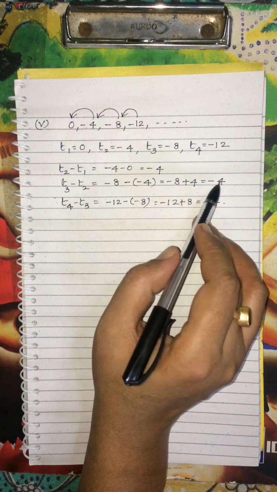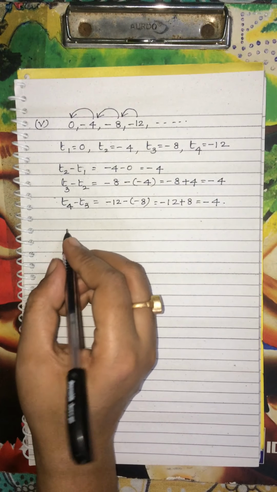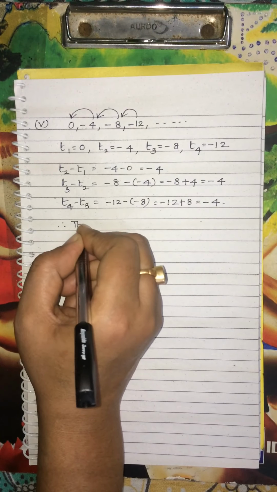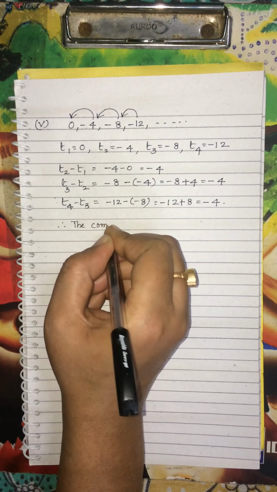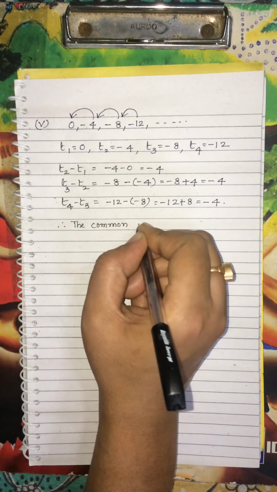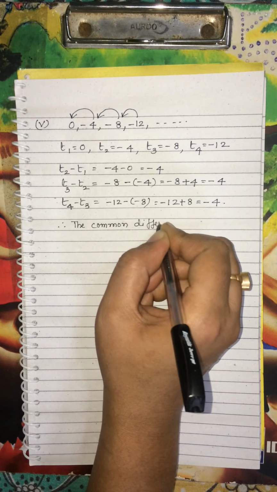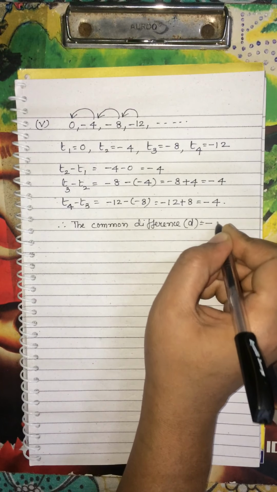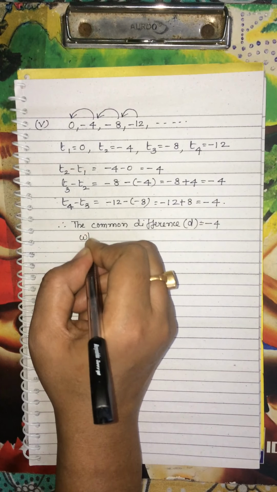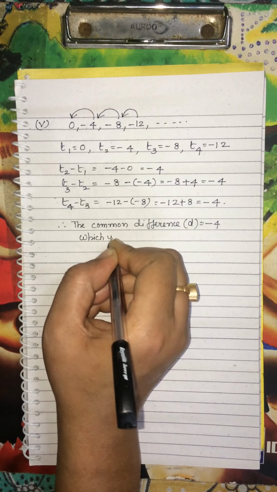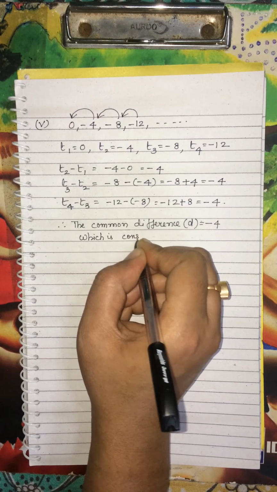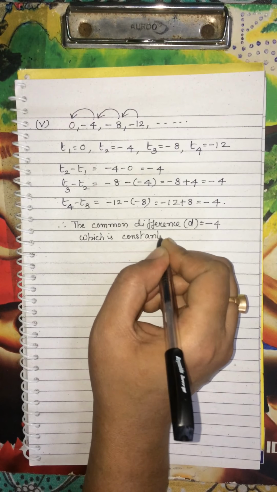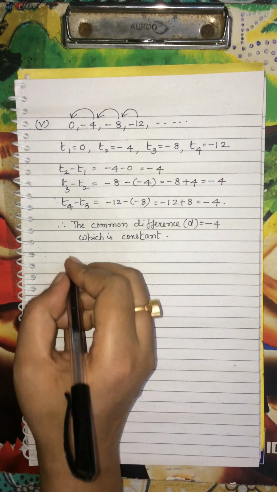As you see, you got all common. Therefore, you will write the common difference D is equal to minus 4, which is constant. This is compulsory to be written, children, because this carries marks in the boards.